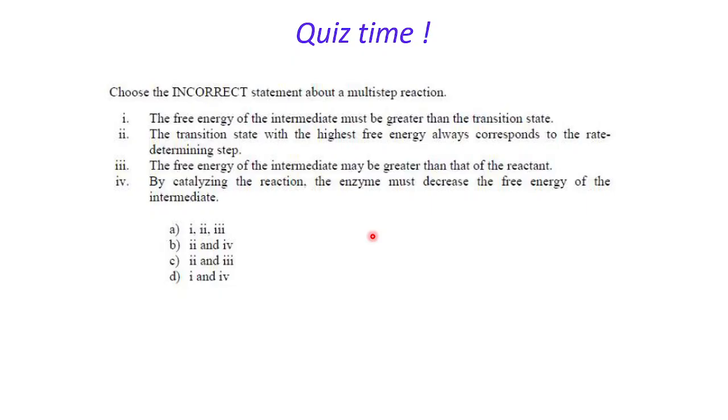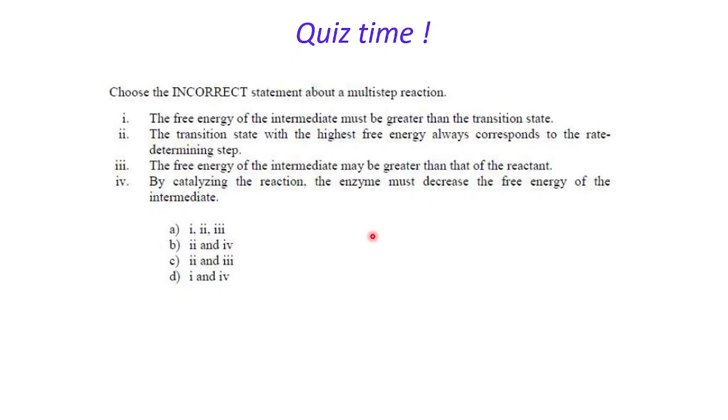Statement 1 says the free energy of the intermediate must be greater than the transition state. This is incorrect because the free energy of an intermediate is the local minimum of the reaction coordinate, while the free energy of the transition state is the local maximum. Therefore, the free energy of the transition state must always be greater than the intermediate. So that is incorrect. Statement 2 is correct.